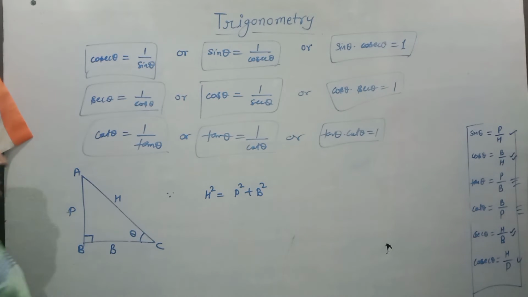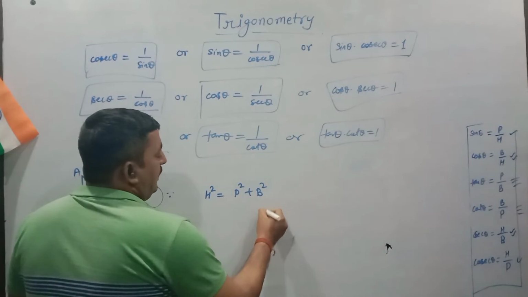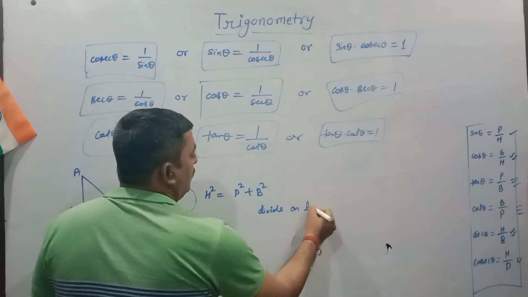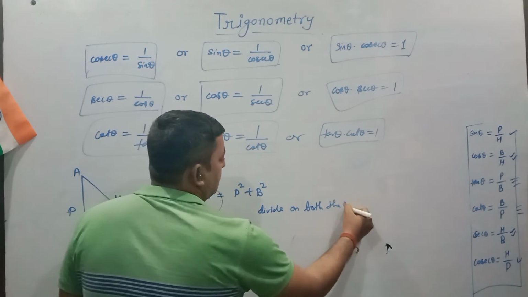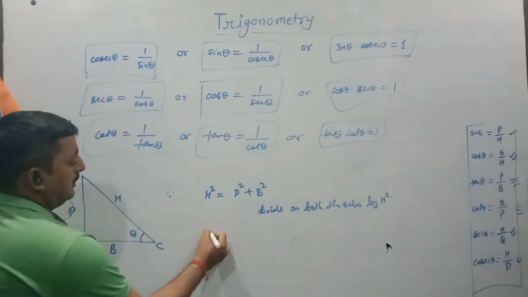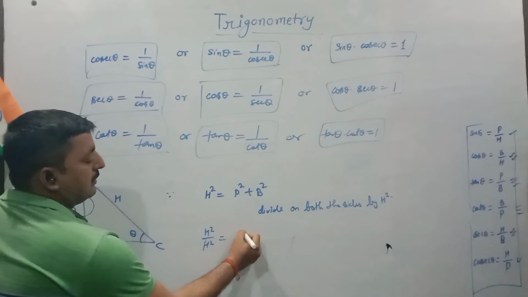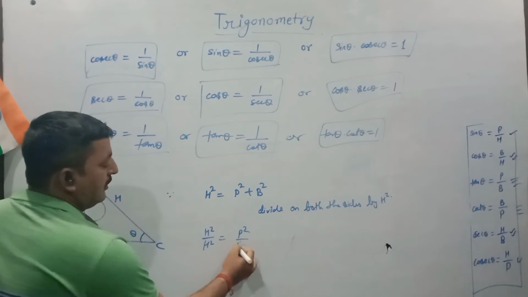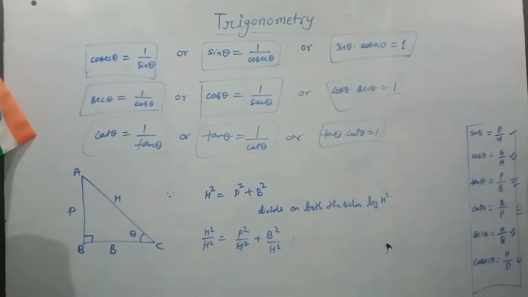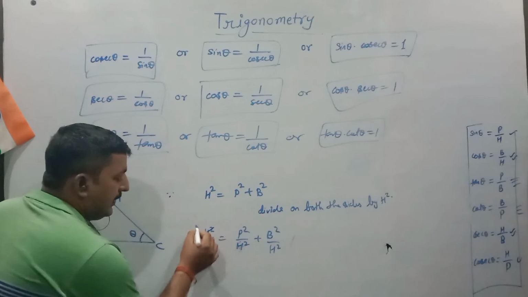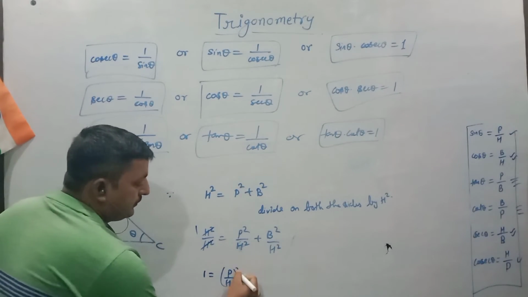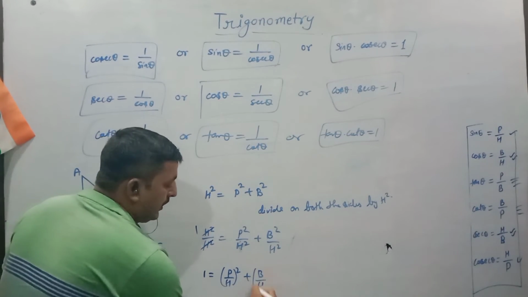Now if we divide both sides by h square, we get h square by h square is equal to p square by h square plus b square by h square. So 1 is equal to (p by h) square plus (b by h) square.